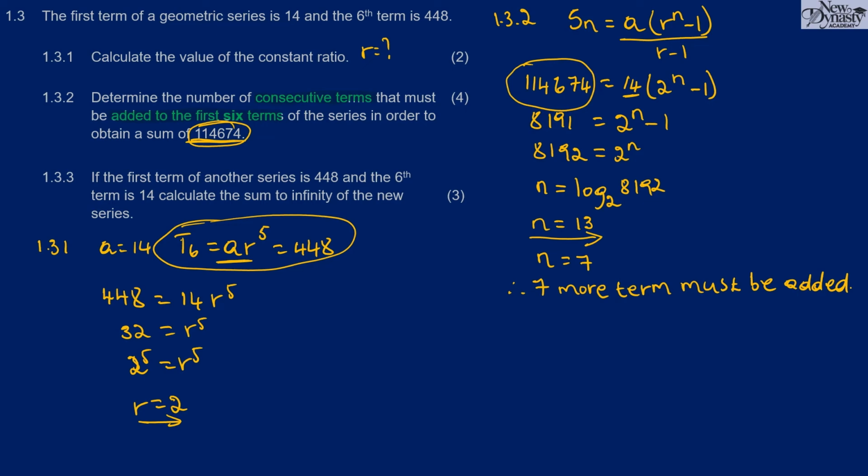Then the next question, I hope you do understand it. The next question, 1.3.3, says if the first term of another series, another one now, is 448. Now we're working with, let's do it right there.